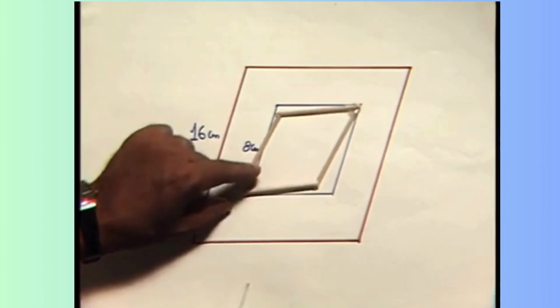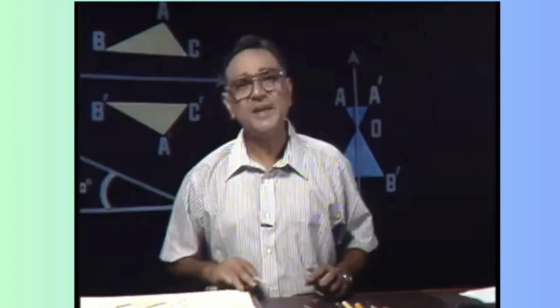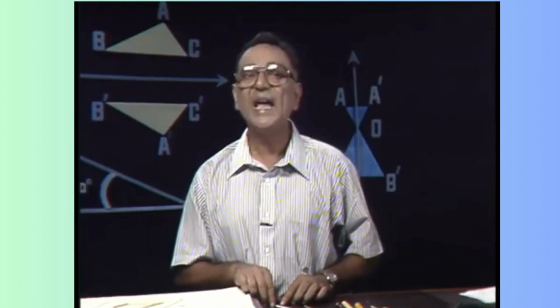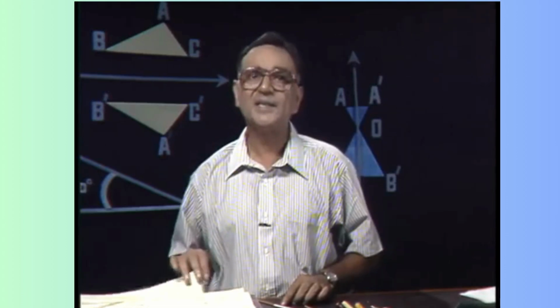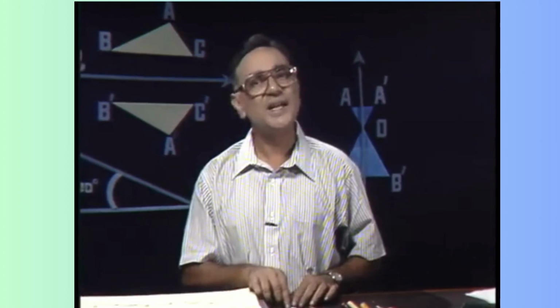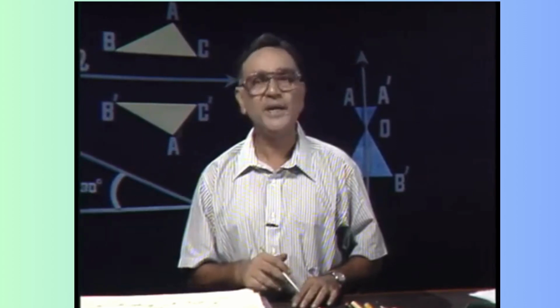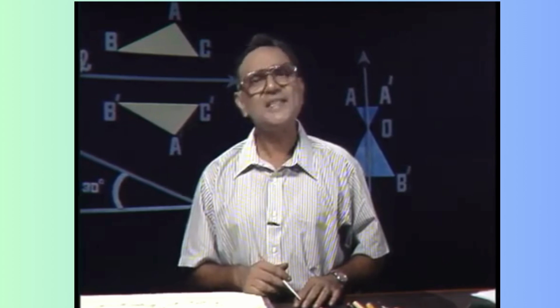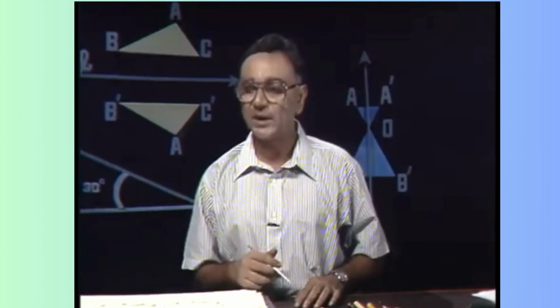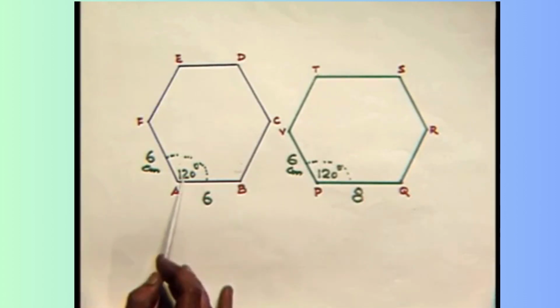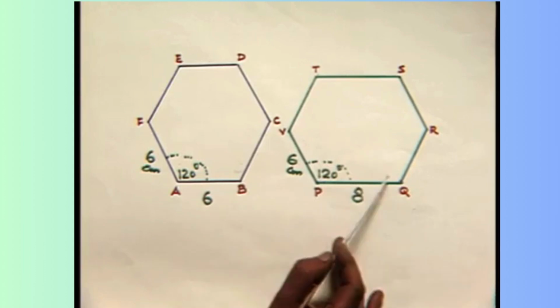No, these are not. So, that means we find that for two figures to be similar, we have to have two conditions. The first being the corresponding sides should be proportional and the corresponding angles have to be equal. Let us have a look at these two figures now. Now, here both the hexagons have each angle as 120 degrees.